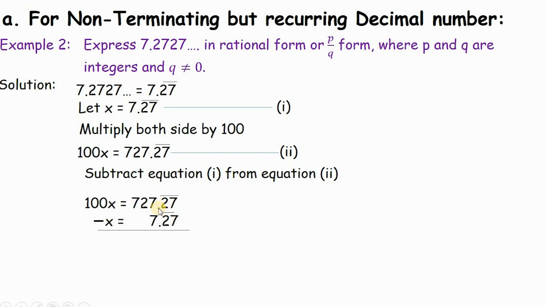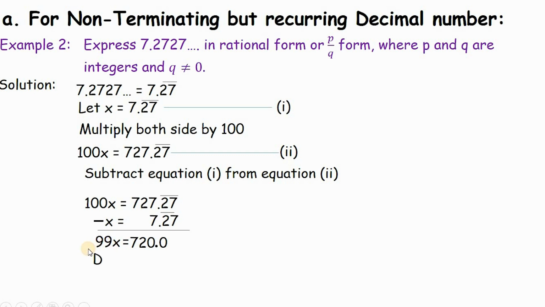Since the digits after the decimal points are exactly the same, you'll get 0 here, and you write down this point, and 727 minus 7, you'll get 720, and we'll take down this equal to sign, and 100x minus x is 99x.